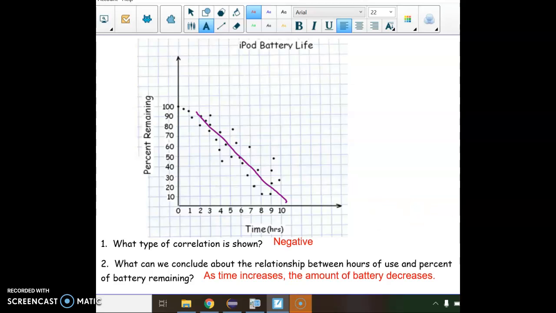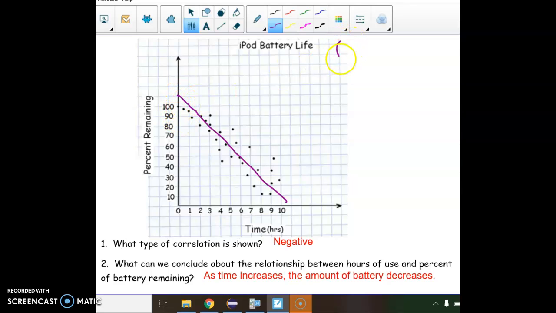So just a couple notes about if I was doing the equation. One thing would be, even though it doesn't look like it here, the y-intercept should be about 100, right? If you start off after 0 hours of use, we should have about 100 battery life. So if I was actually writing the equation, I would have y equals mx, and then my b should be 100.